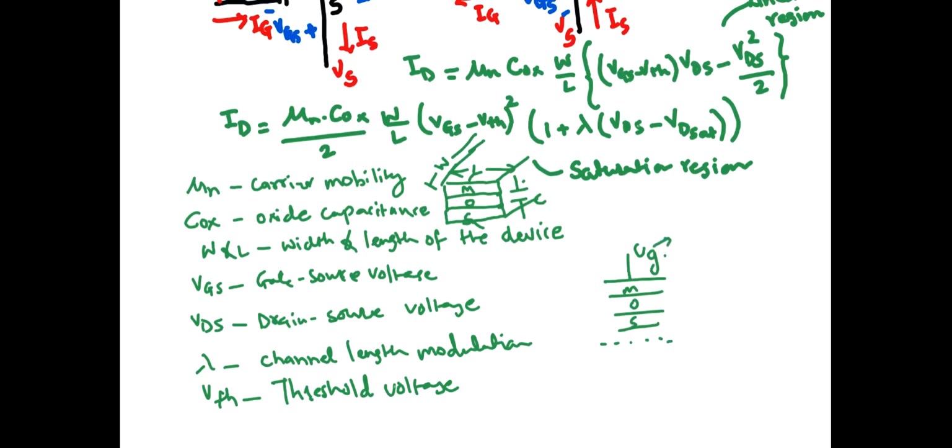The moment your channel inversion happens under the MOSFET, that voltage is called the threshold voltage. So the MOSFET is said to be turned on when VG with respect to source is greater than the threshold voltage VTH.